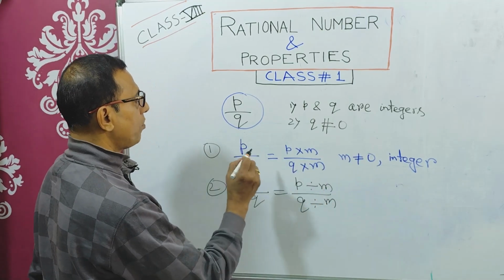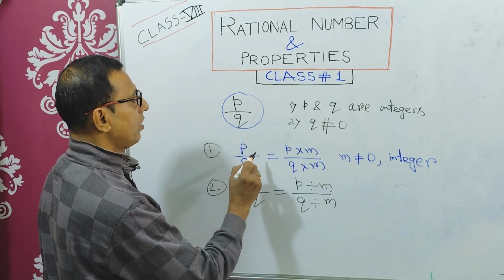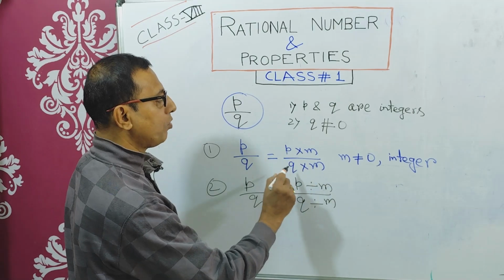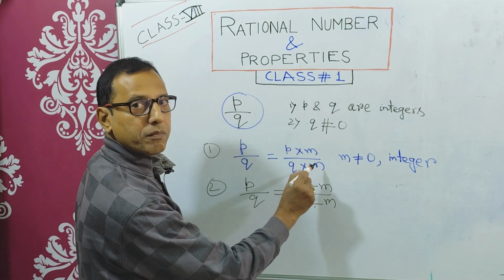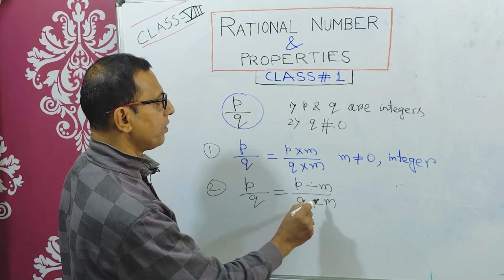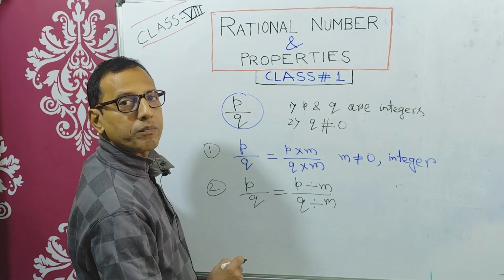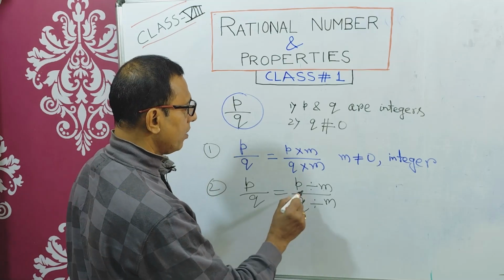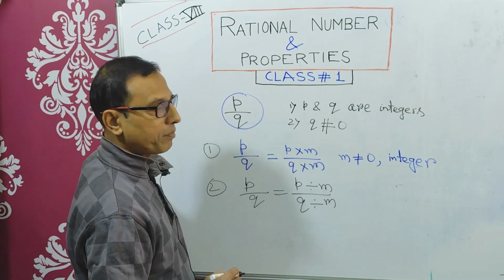For any fraction, you can multiply or divide both numerator and denominator with the same integer, and the rational number remains the same.